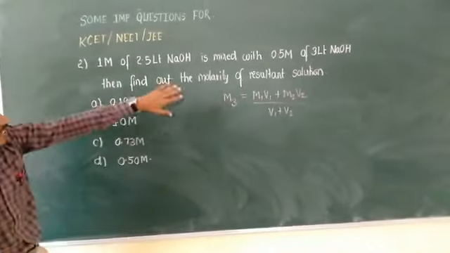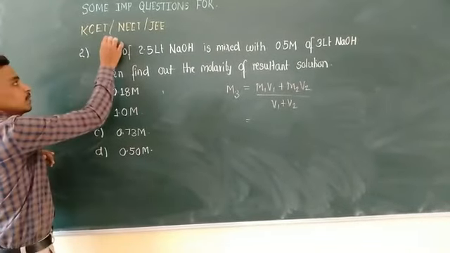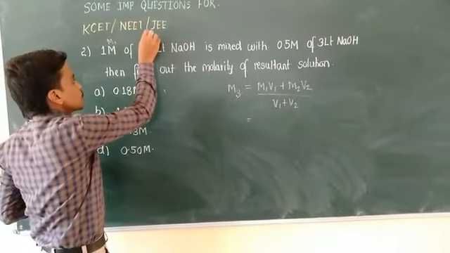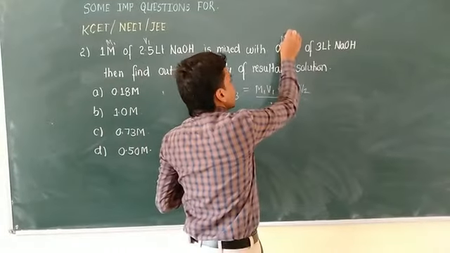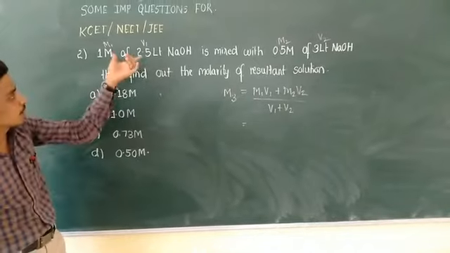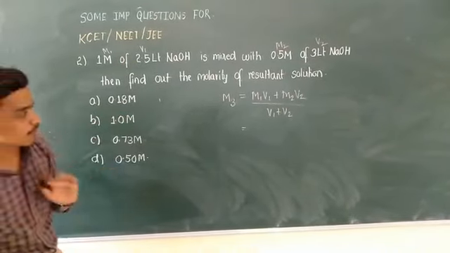And how to identify the unknowns here? Just observe, the molarity 1 is M1, and the volume of this solution is V1, and similarly it is M2 and V2. Substitute the given values, then you get the correct answer out of the given options.